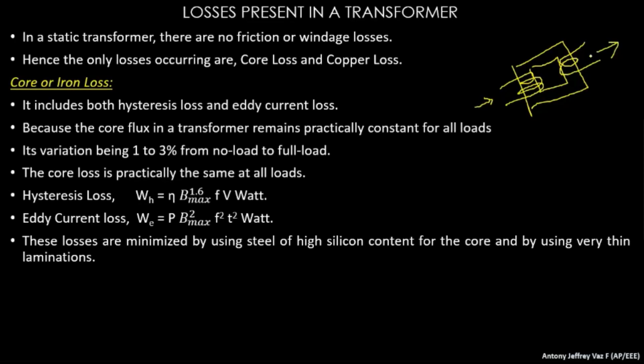Whether the load is connected or not, here is a switch. If you connect the load or disconnect the load, the input given to the transformer is constant. Here you will provide the voltage of 110 volts, which is a constant.